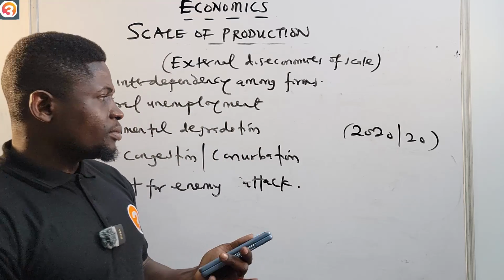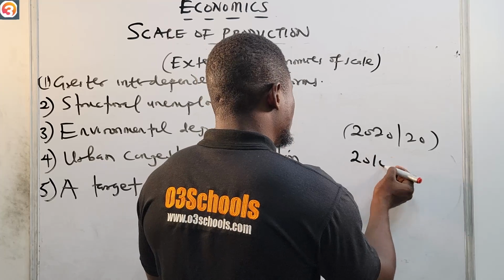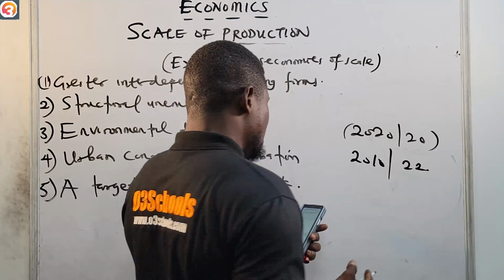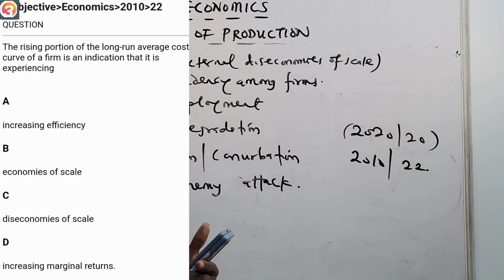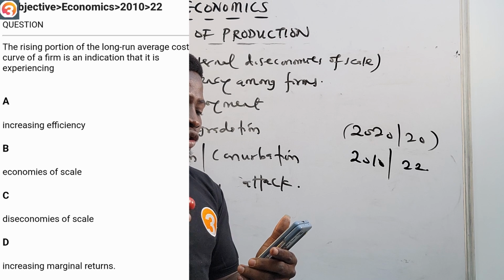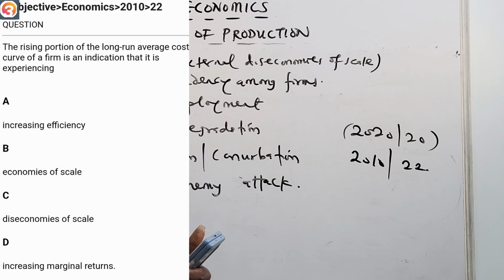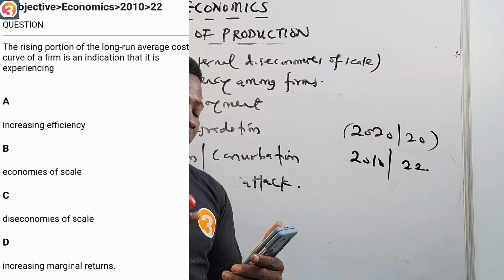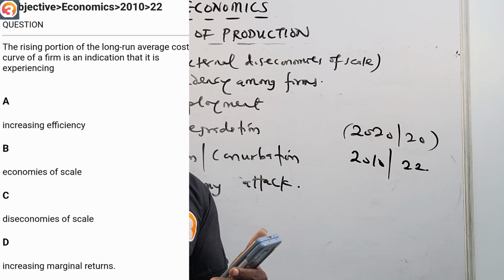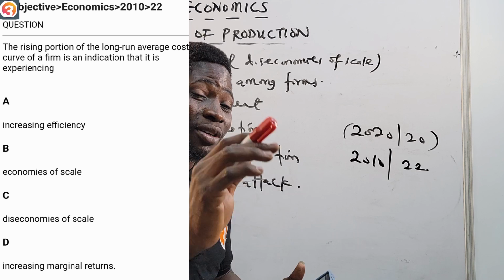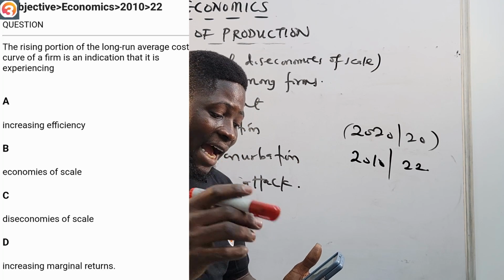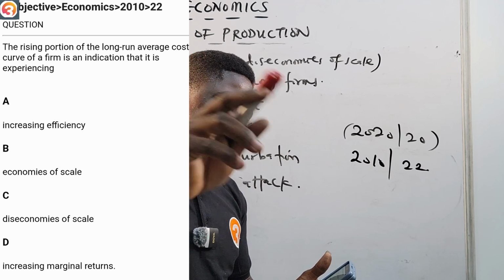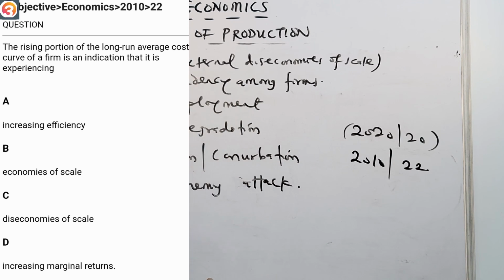Number two, this is a 2010 question, number 22. It says that the rising portion of the long run average cost curve of a firm is an indication that it is experiencing, okay, the average cost is increasing. As the average cost is increasing, what does it mean? It means that they are suffering some disadvantages.